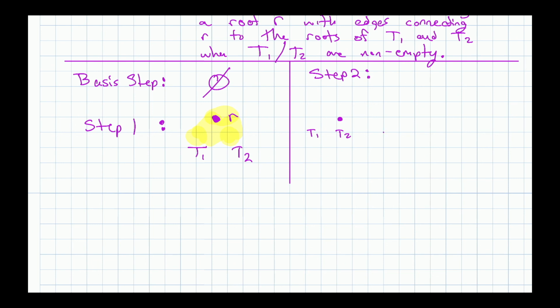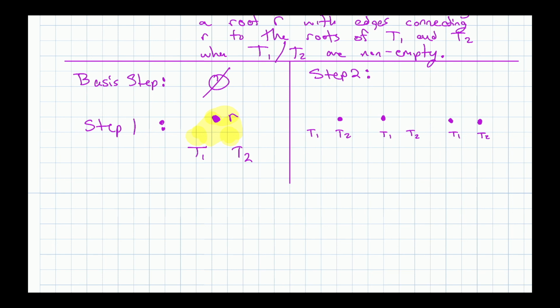Or we could have T1 be a dot and T2 be nothing. Or we could have T1 and T2 both be a dot. Now you wouldn't have them both blank, because if they were both blank, you're just going to get this one again. So you have to have at least one dot here. So those are what you would start with.